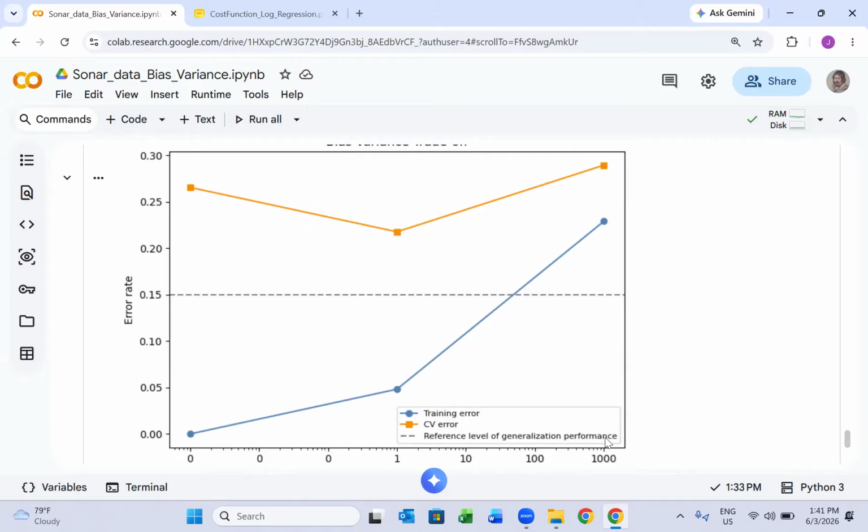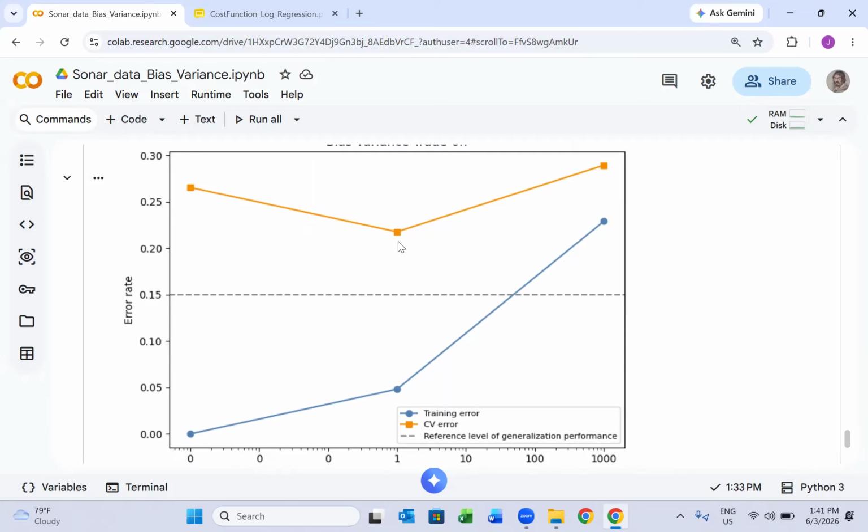Okay. And then, what happens with the model with intermediate level of regularization? Well, here we don't have the same level of bias and variance, but we don't have a resolution either. We cannot claim that this model has low bias and low variance. Okay, that's not true because first of all, there's still a gap, right?